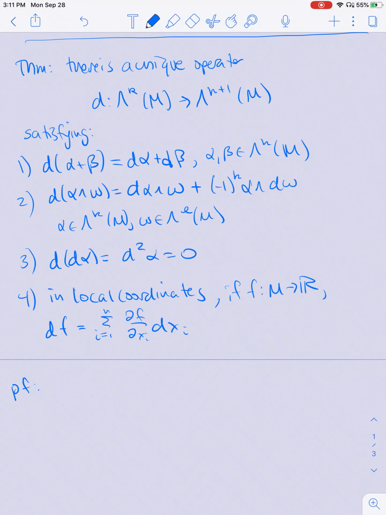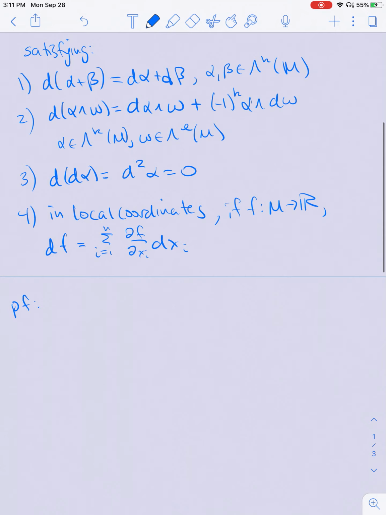So remember, if I want to apply d to some k-form, all k-forms can be written as the sum over I, where I is a tuple of k coordinates between 1 and n, written in increasing order, and a sub I is a function.